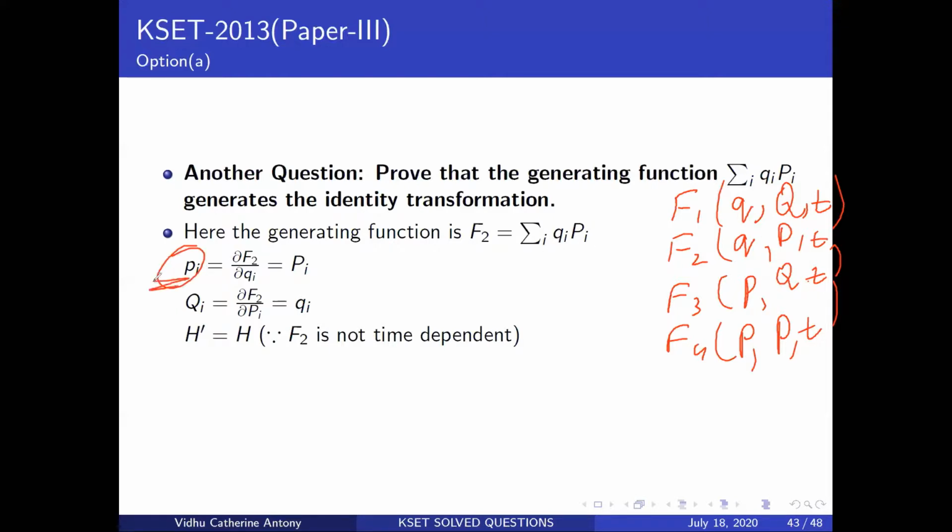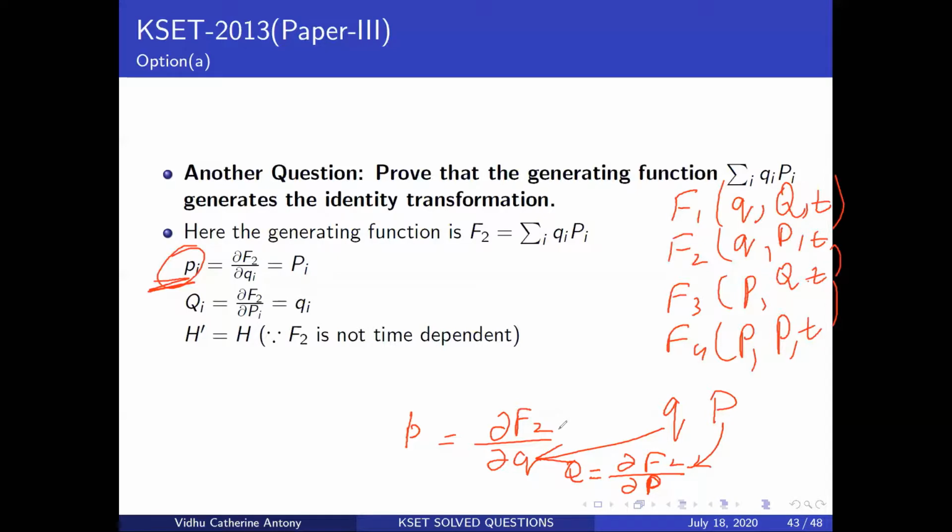I know that F2 is a function of little q and big P. So I'm supposed to take a derivative of F2 with respect to little q, and I'm also supposed to take a derivative of F2 with respect to big P. If I differentiate with respect to q, I get a little p; if I differentiate with respect to big P, I get a big Q. That's how I remember it, because deriving it and equating it to the partial derivatives is quite intense, and I don't think I can cover it in so much time. I've almost gone out of time today.